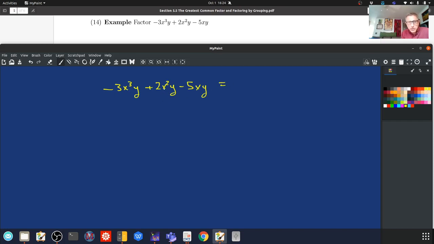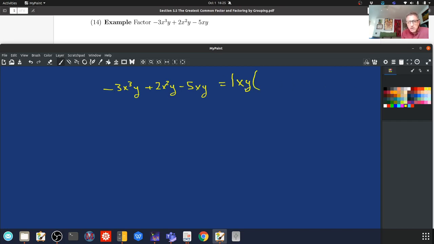So x cubed, x squared, and x, I take the smallest of those three. If you want to put a 1 there, that's fine. It's 1 times x. So the smallest exponent of those is 1. Y, y, and y all share the same power. So it's 1 times xy, but you don't have to put the 1 there.